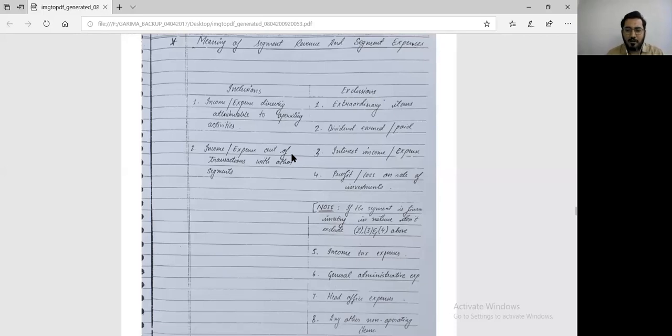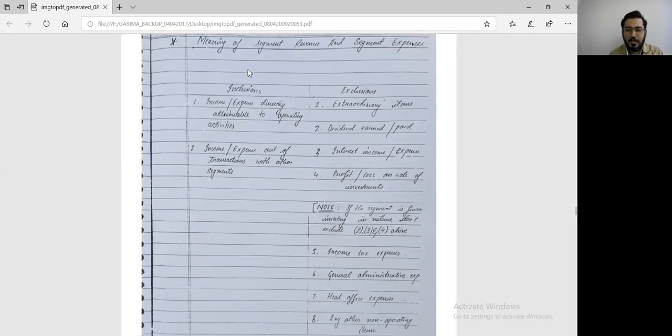However, if you are a financing nature business, which means your segment is financing in nature, which means you give and take money on loan or you provide financial services. Now, when you provide financial services, then dividend, investment, interest income will be your regular operating activities. Dividend earned, interest income, and profit or loss on sale of investments, all these three will then be included.